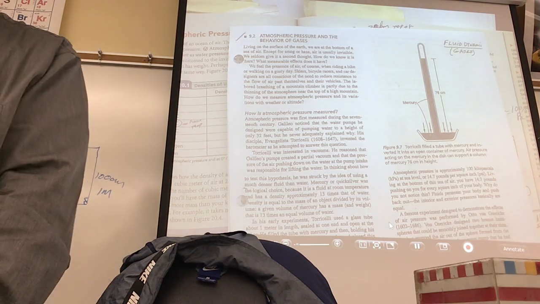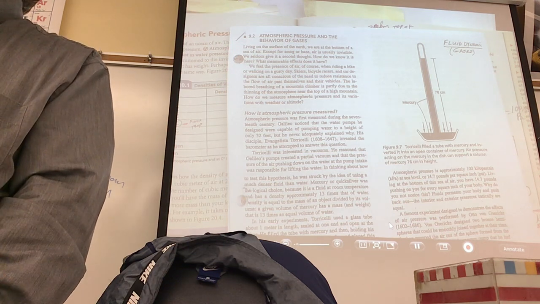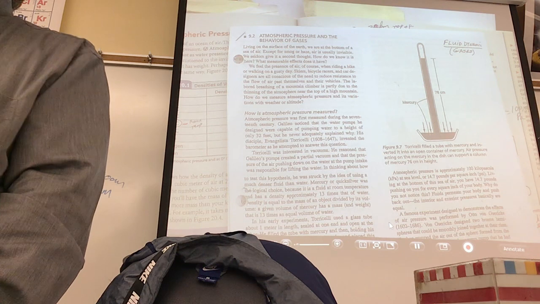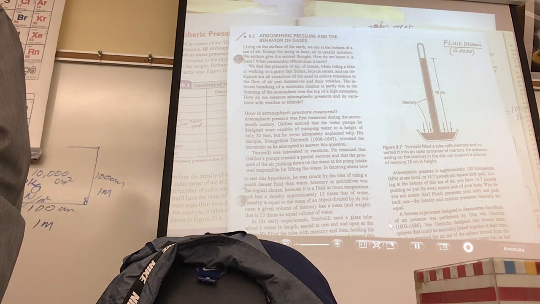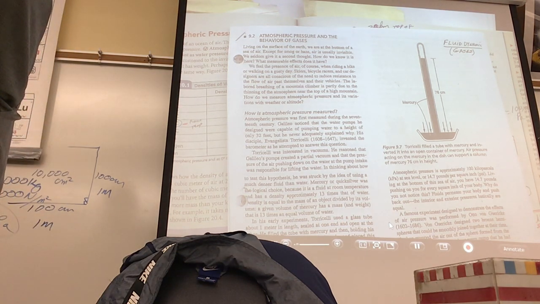Now, we could make a barometer out of air, but it would have to be 30 kilometers tall. No, I don't think so. We could make a barometer out of water, but it would have to be about 33 feet tall. No. What if we had a fluid that was very dense, so dense that I could put the whole barometer right here?